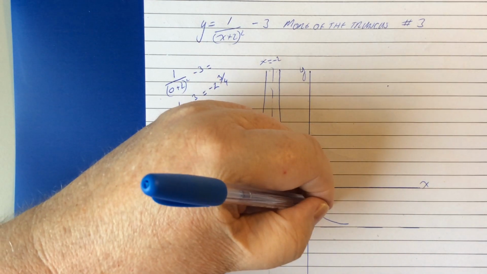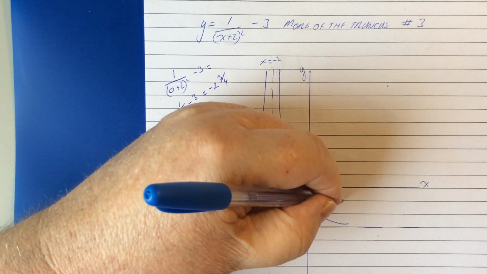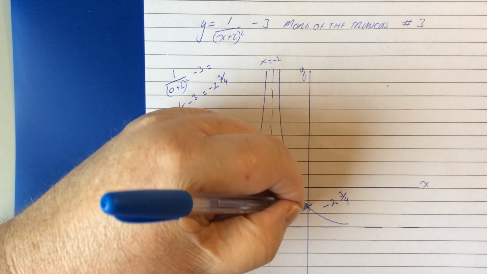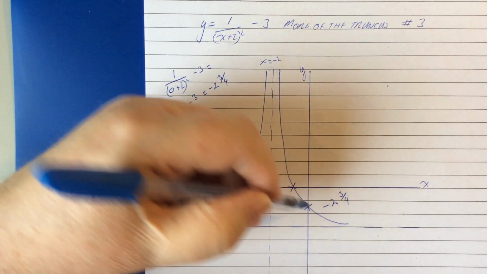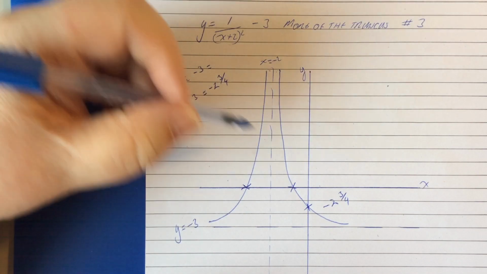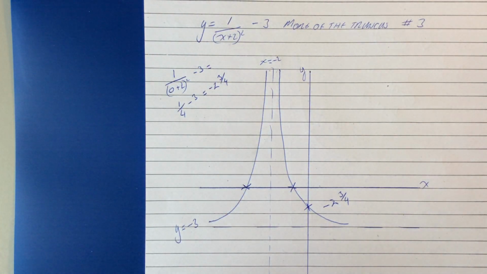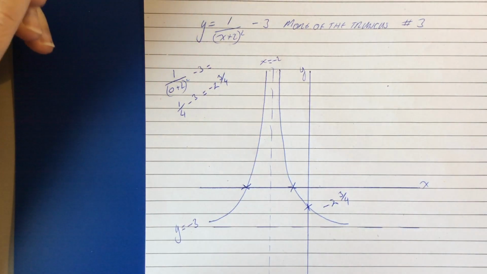So this point here is -2 and 3/4, and that's its value there on the y-axis. You'll notice that this is not drawn to scale, but it's a fair representation, I think.